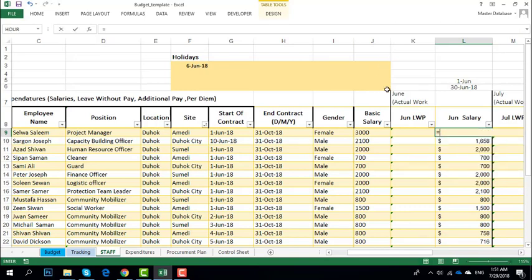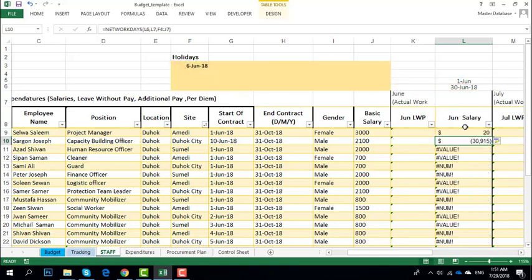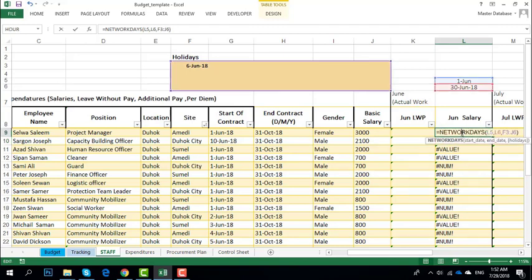Equal NETWORKDAYS. Start date is this one. End date is this. And holidays is here. Nice. Done. It's 20 days. But what's the problem here? Why do I prefer to use NETWORKDAYS.INTL? NETWORKDAYS.INTL gives you exactly the two weekend days in that month, which is Friday and Saturday, so I prefer to use that one.